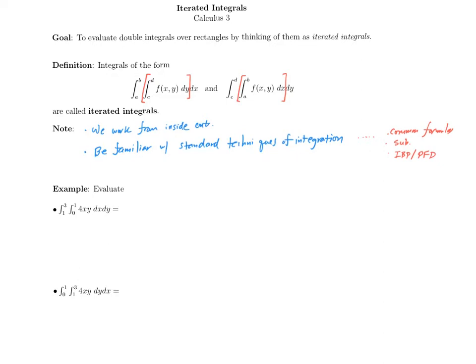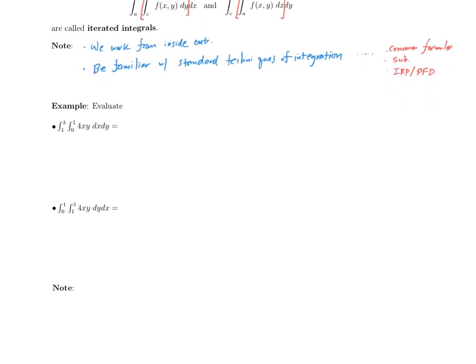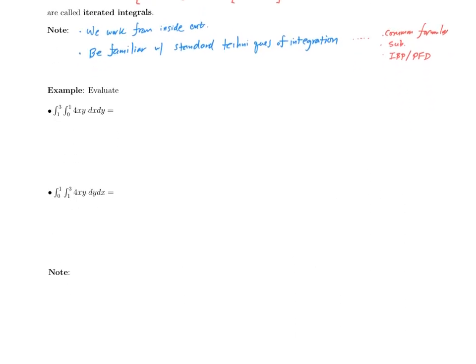So let's go ahead and just jump directly into an example. For this first iterated integral, we are integrating a function of two variables, 4xy, and remember we work our way from the inside out. So the first thing that we are going to need to do is integrate with respect to x. And let me go ahead and beforehand make a connection to our previous few videos.